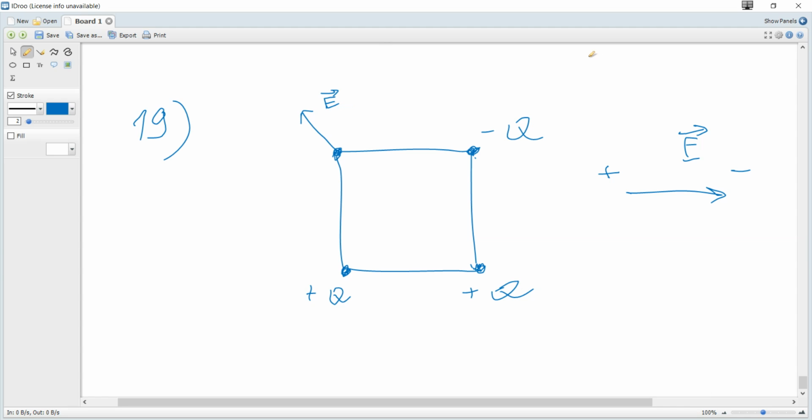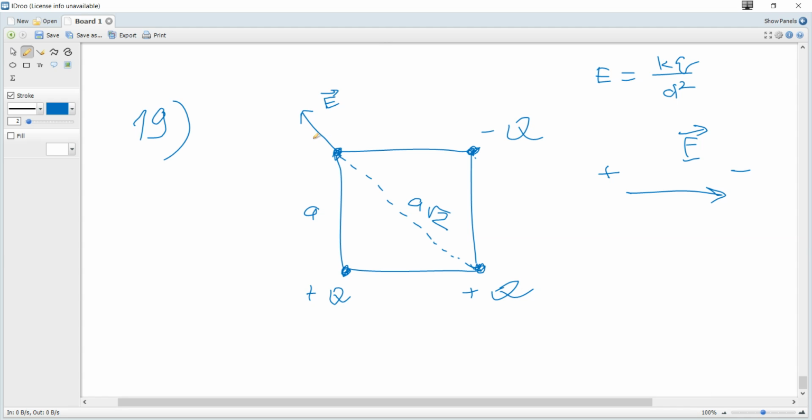We know that the magnitude is inversely proportional to the distance squared, and I don't know whether it's essential here, but if the length is a, the diagonal is a root 2.